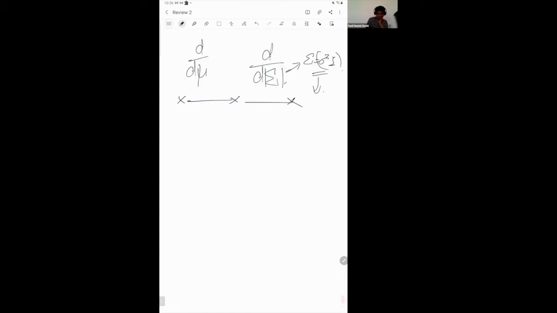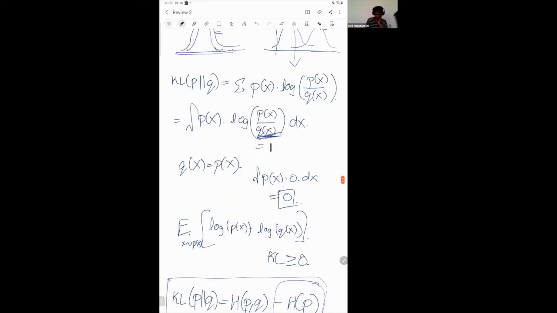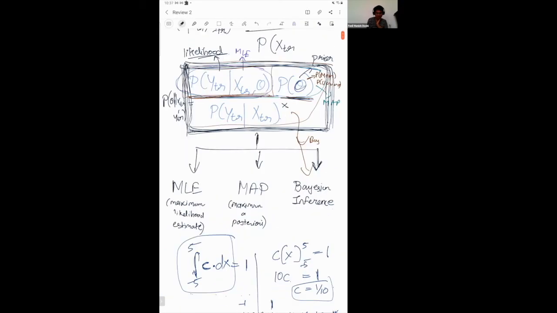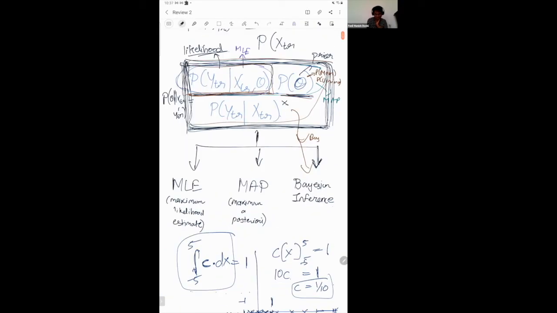So that's all about maximum likelihood estimate that I wanted to say. I hope everyone is clear on that. The only thing that we focused on was this part, seeing the likelihood of your data.